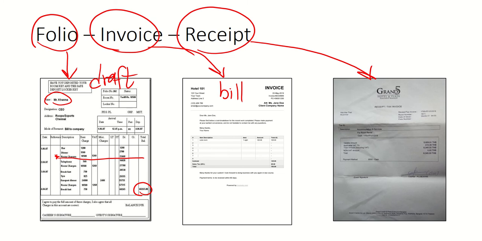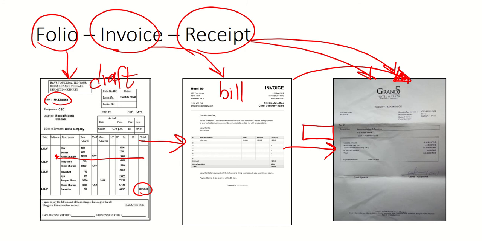Then a bill. After payment, after guests pay, whether by cash or by credit card, the hotel staff give guests a receipt. So you can see step by step money.